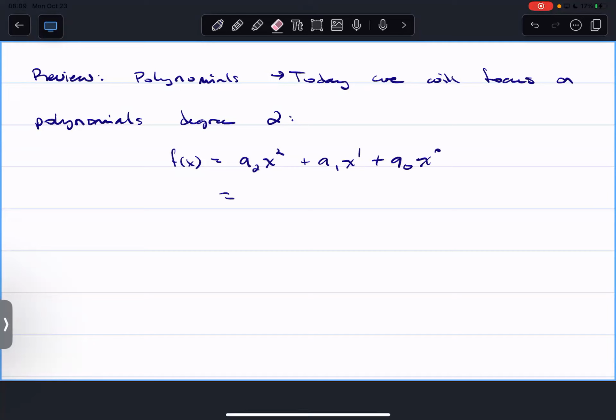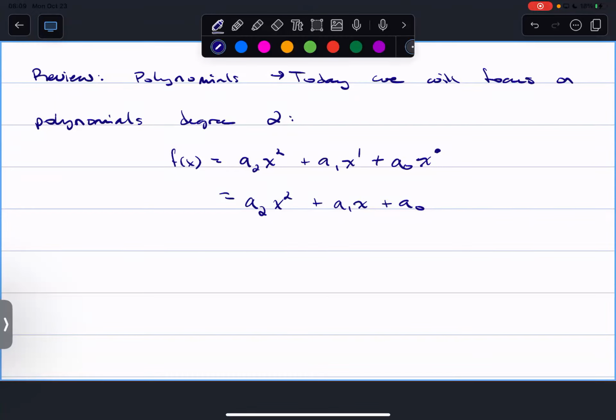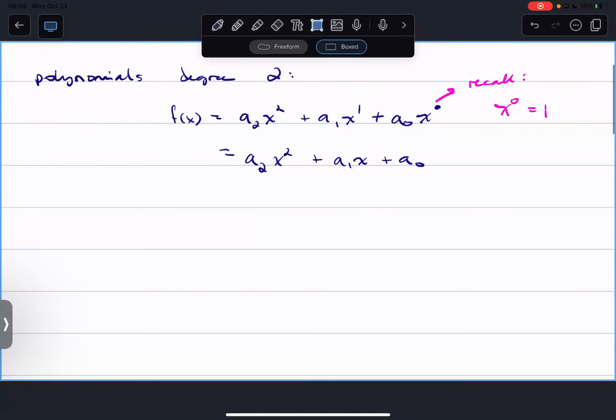But usually we don't write the power of 1 and the power of 0 because that just is 1. So what we end up with is a2 x to the power of 2 plus a1 x plus a0, right? If we just recall that x to the power of 0 is 1. Right? Okay.